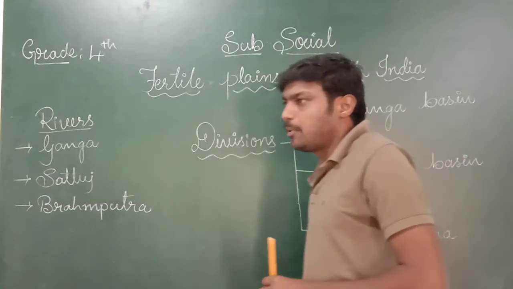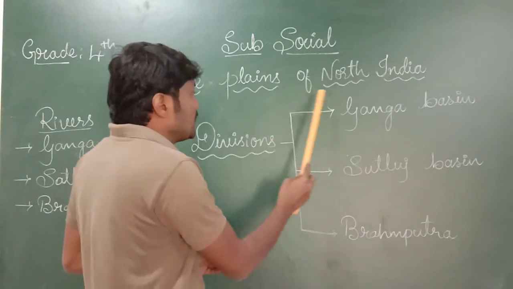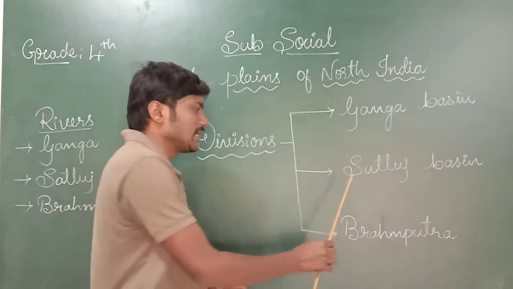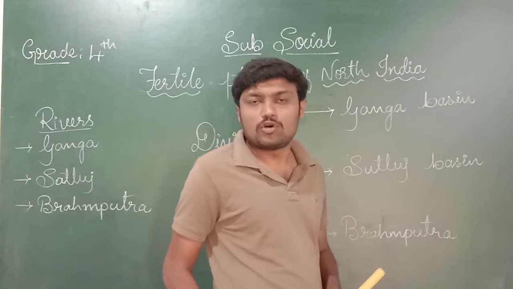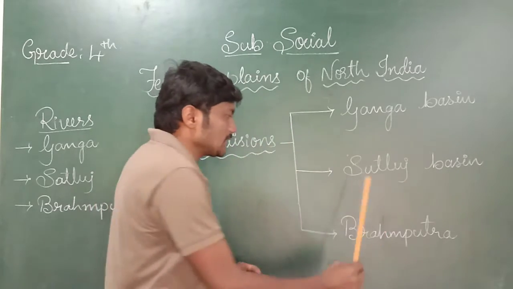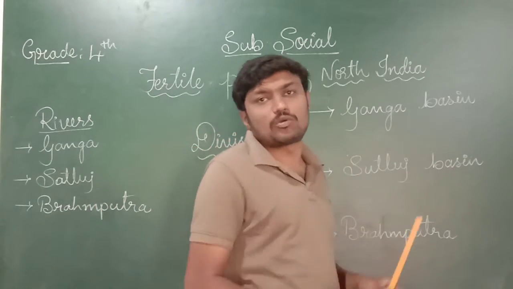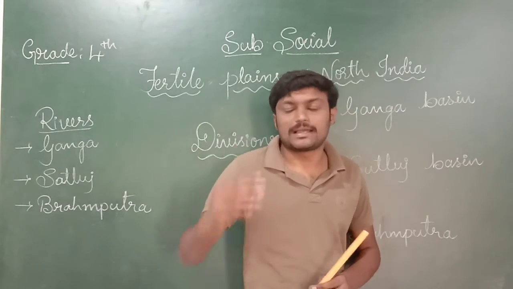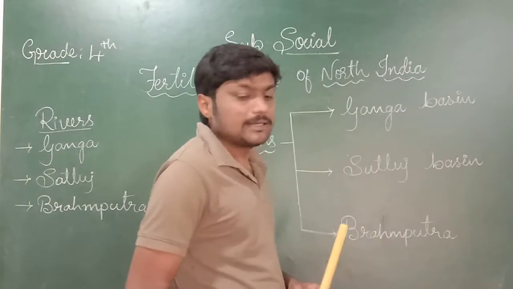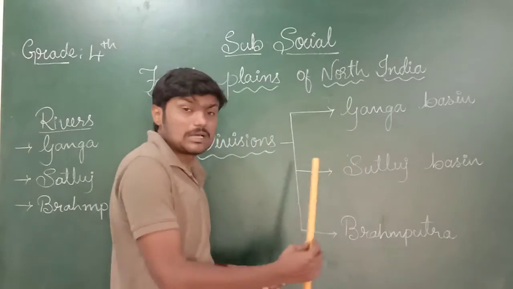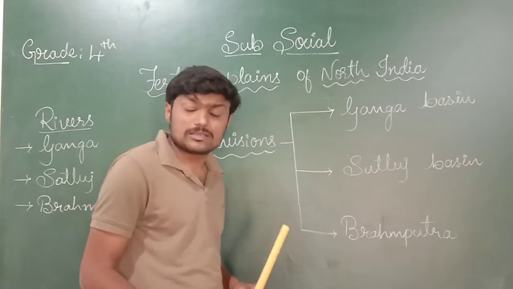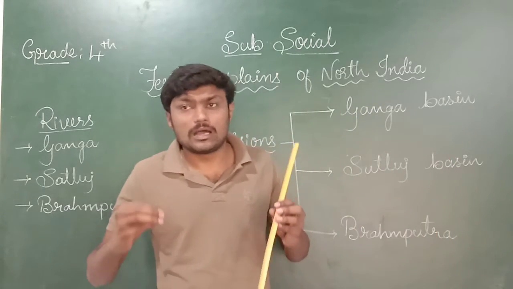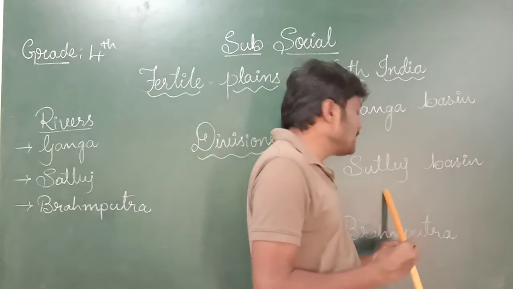It is a part of the fertile plains of North India which flows in the region of Punjab. Further, the river Satluja and its tributaries flow to Pakistan. The land in this area is very good for agriculture, so the people also depend on growing paddy.